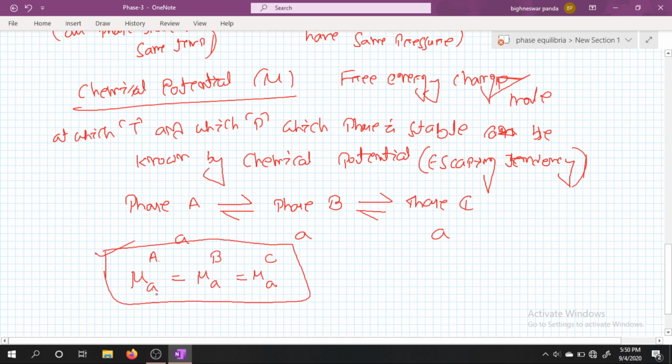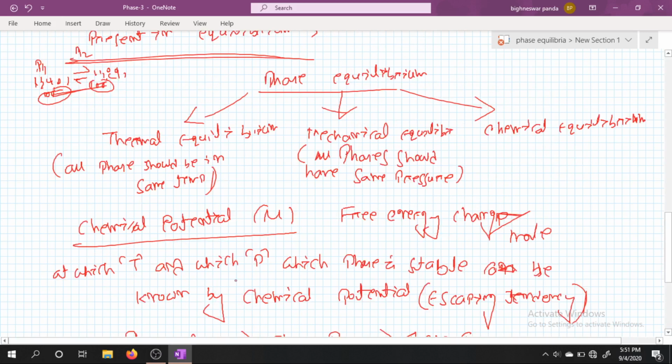Again, this is the chemical potential of component A in phase A, chemical potential of component A in phase B, chemical potential of component A in phase C should be equal. Then at that condition there will be chemical equilibrium. So for phase equilibrium, the phases should satisfy three types of equilibrium: thermal equilibrium, all phases should be at the same temperature; mechanical equilibrium, all phases should have the same pressure; chemical equilibrium, which can be determined by chemical potential.